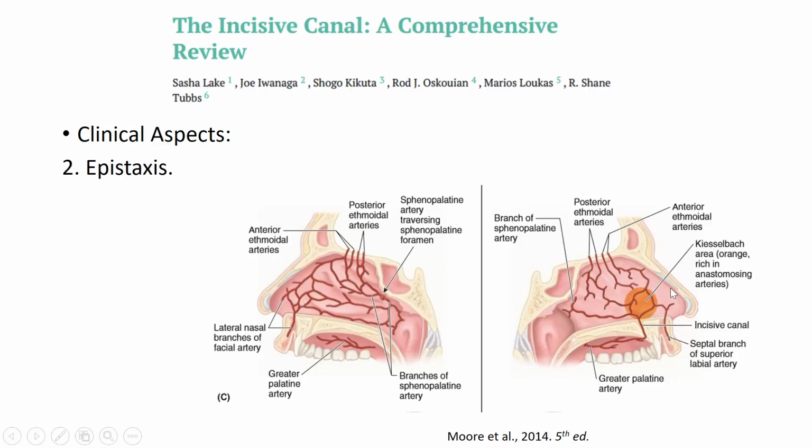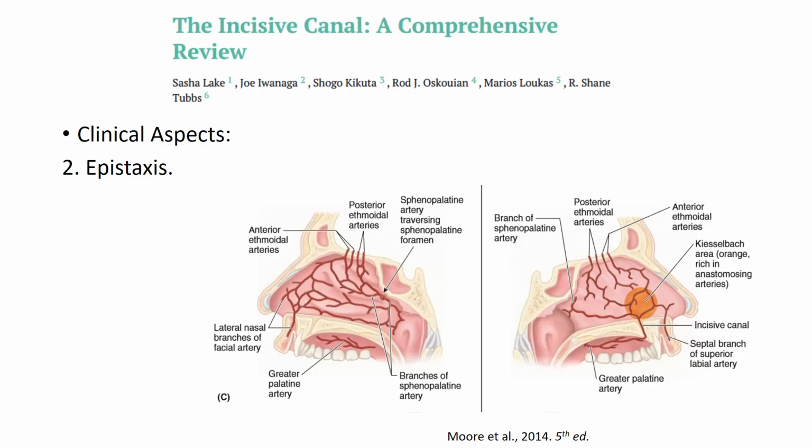Now, epistaxis or nasal hemorrhage is very frequent, approximately 60% prevalence in the general population, with 80% of the total nosebleeds being anterior. And they will involve Kesselbach's area. This bleeding generally will be managed with a more conservative approach, but if it doesn't stop, it will need a surgical intervention by cauterization, ligation, or embolization.